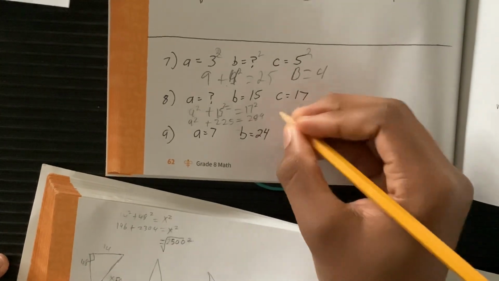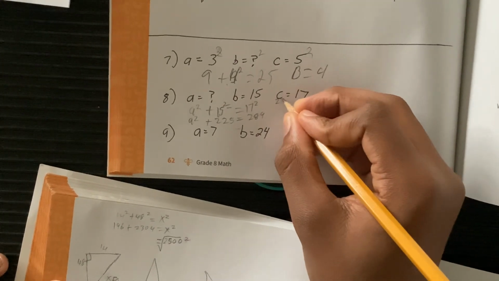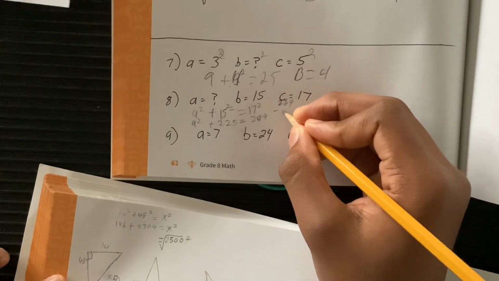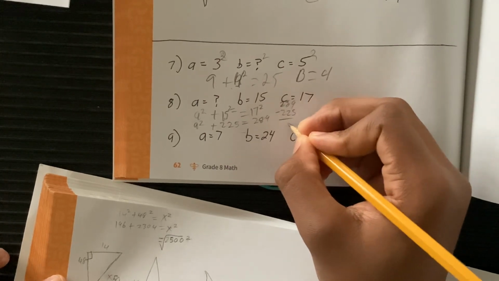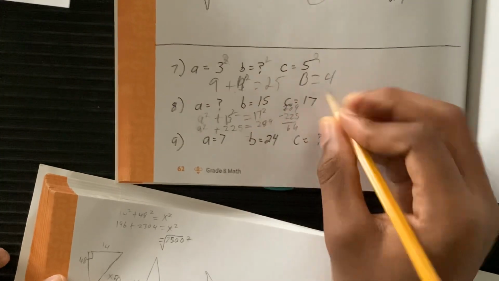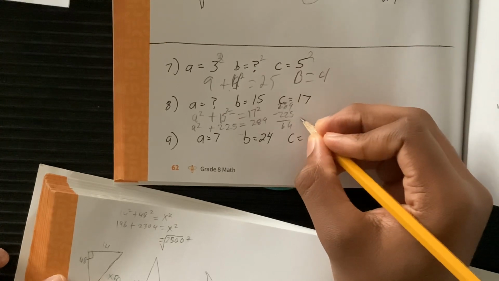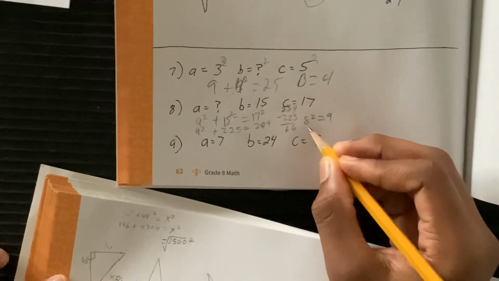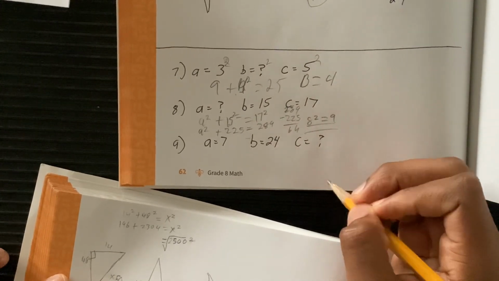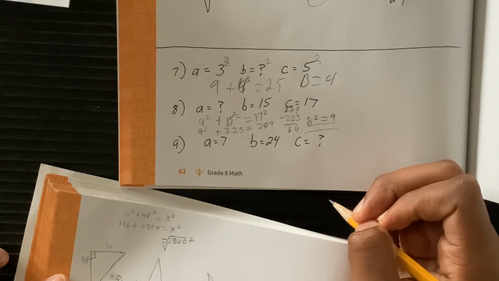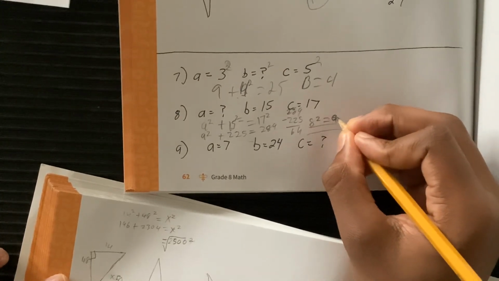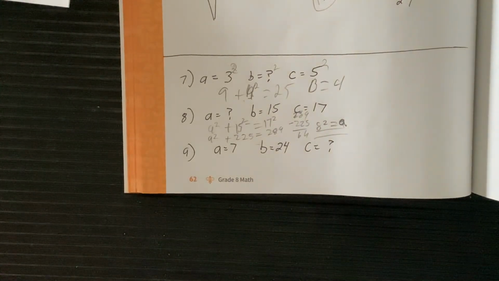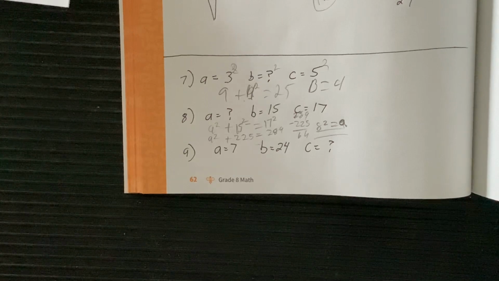So you subtract 225 from 289, which is 64. And the square root is 8. So the answer is just a. A is 8. Okay, 8 squared is 64, but yes, that's fine.